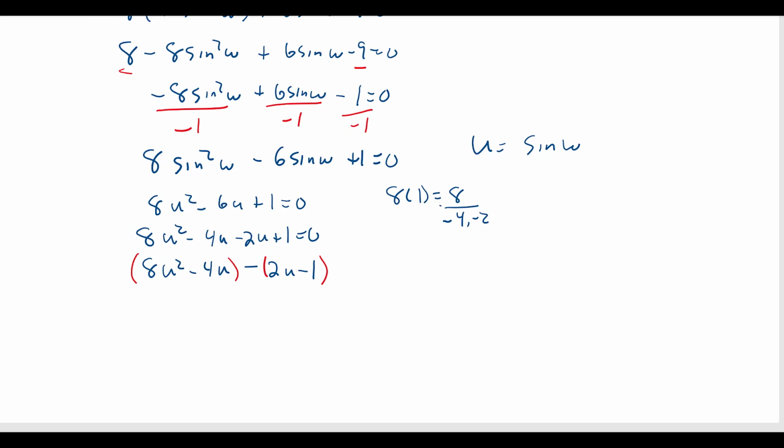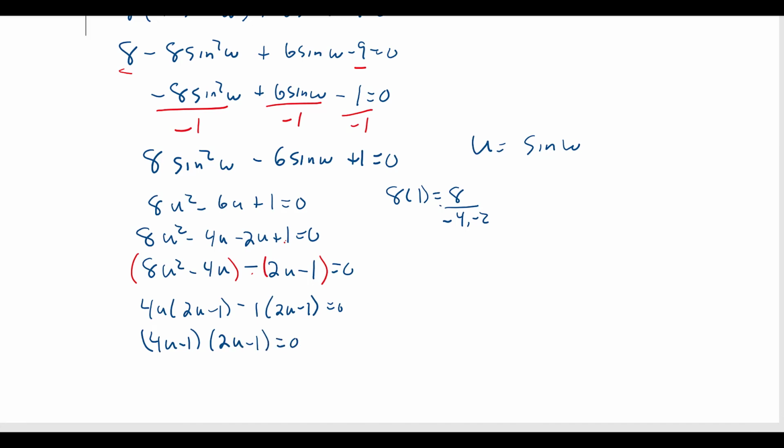And as you saw in the last problem, a negative times a negative is a positive, equals 0. So out of the first pair, I have a 4u times 2u minus 1. Out of the second pair, just a 1 times 2u minus 1.